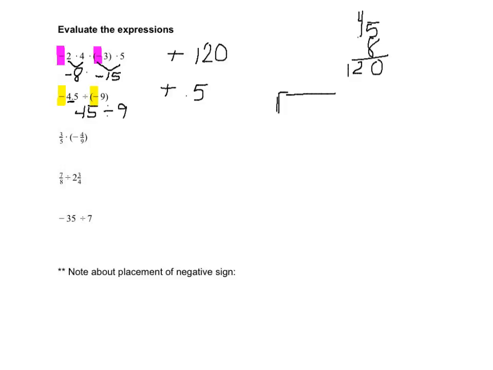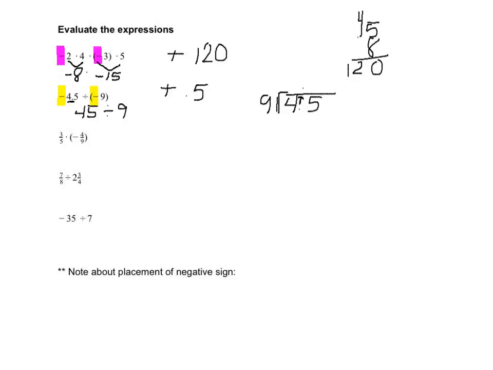Another way to see that is if we go back to long division, where we have negative 4.5 divided by a negative 9. The second number actually goes outside the house. 4.5 goes inside.